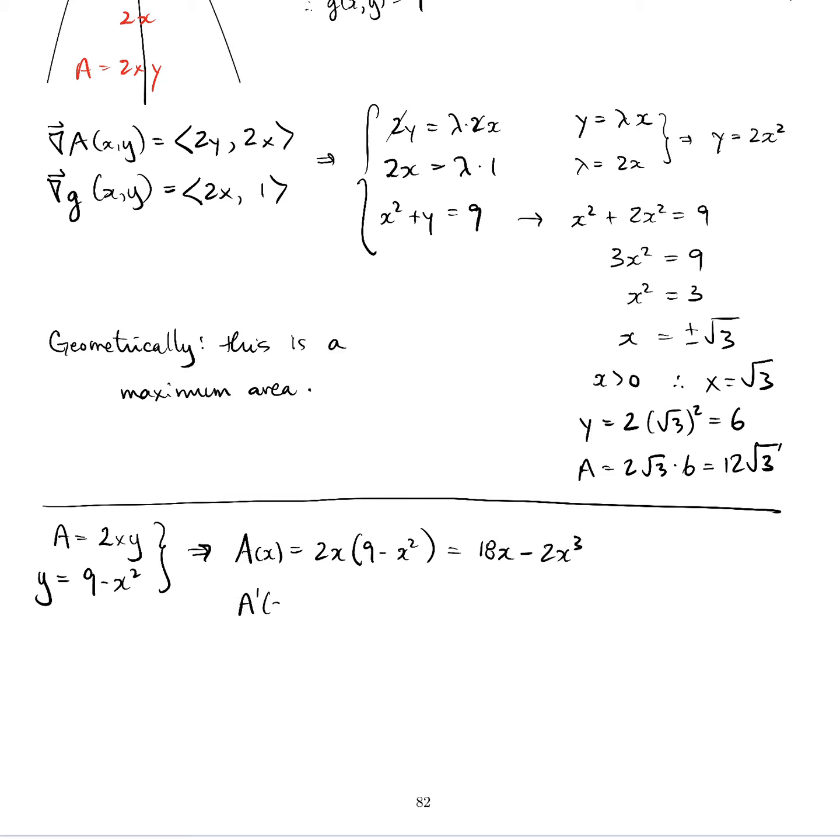You would have then taken the derivative A prime and gotten 18 minus 6x squared, and you would have looked at places where A prime does not exist, and there are none, and places where A prime is equal to 0, which means that 18 minus 6x squared would be equal to 0, x squared would be equal to 3, x is equal to plus or minus root 3, and you would have continued by finding the y, finding the area, and proving that the area was a maximum.